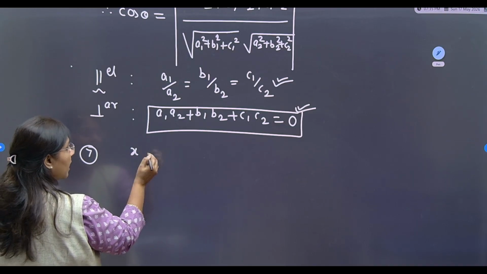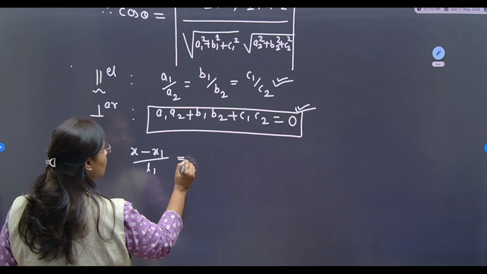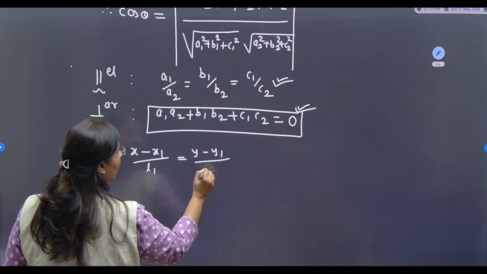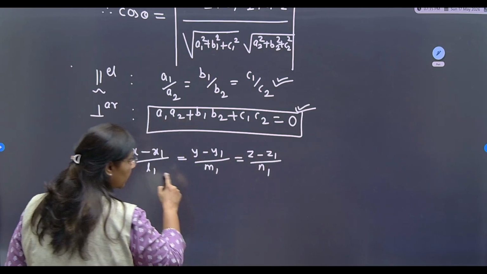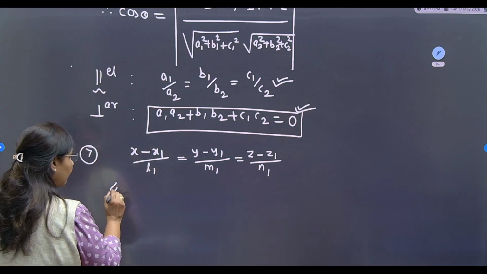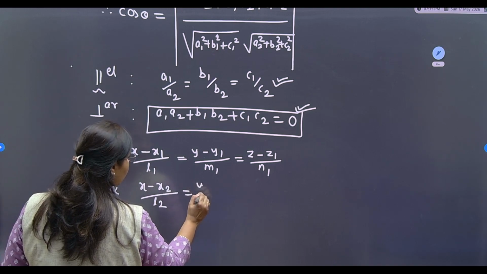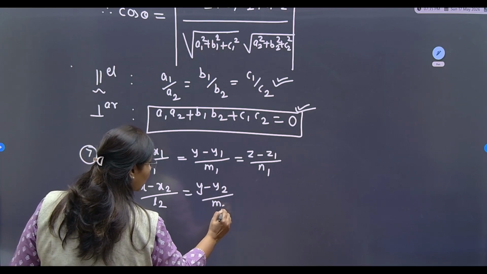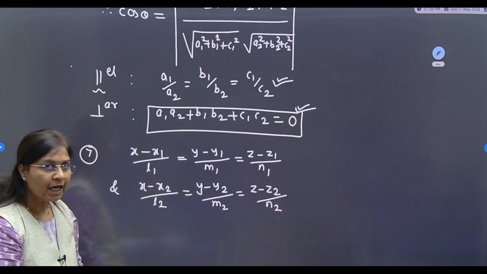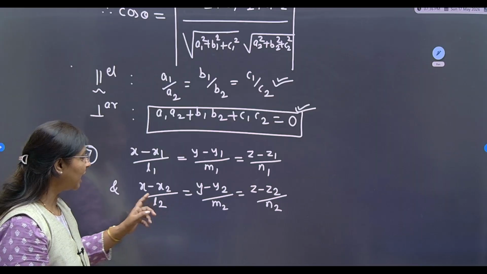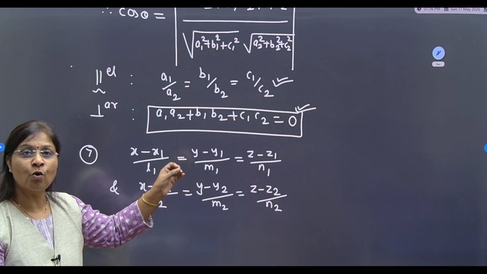The equations of two lines are x minus x1 upon L1 equals y minus y1 upon m1 equals z minus z1 upon n1, the equation of the first line, and x minus x2 upon L2 equals y minus y2 upon m2 equals z minus z2 upon n2, the equation of the second line, where L1, M1, N1 and L2, M2, N2 are the direction cosines.